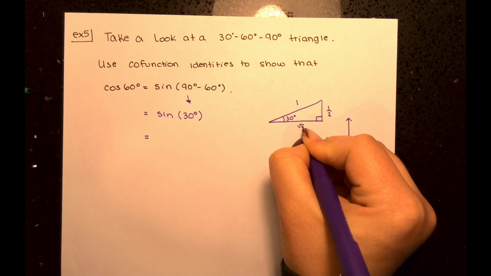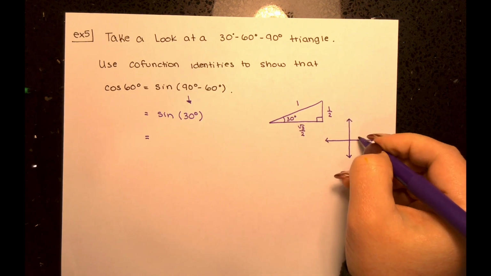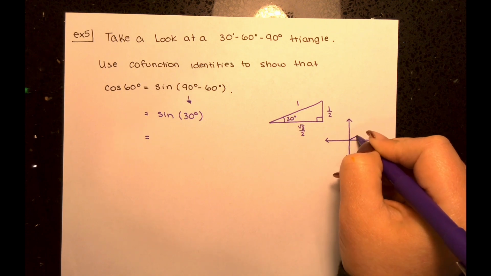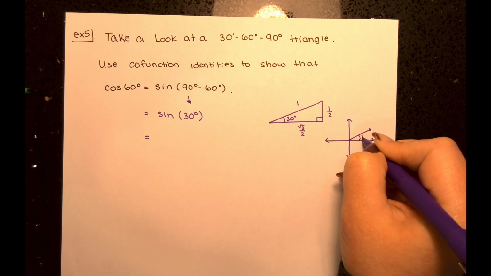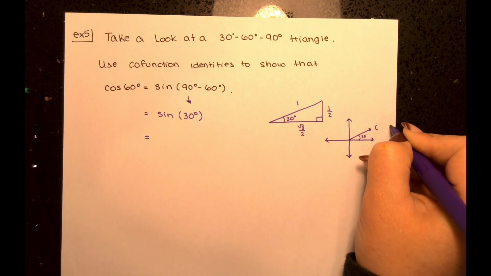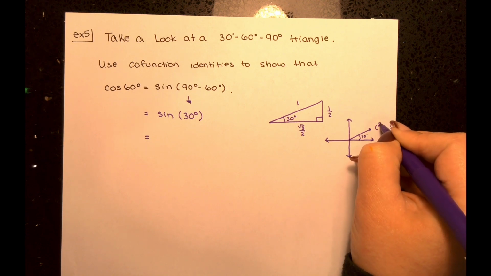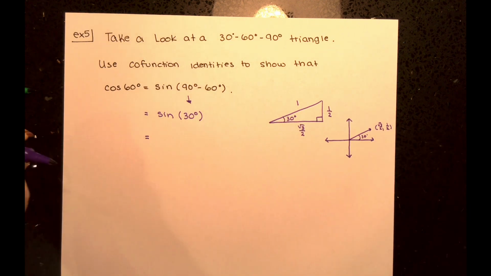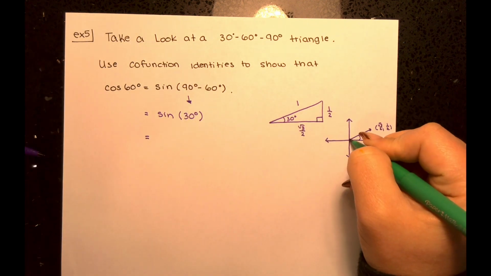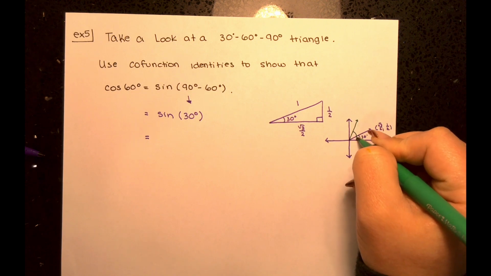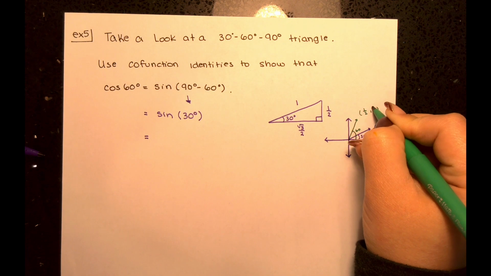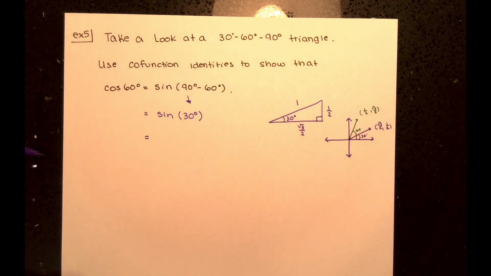Here is root 3 over 2. And if you're thinking about 30 degrees, here's 30 degrees, and our points are root 3 over 2 and 1/2. I'm writing that pretty small on purpose. And then we have our 60 degrees, and we have our points of 1/2, comma, root 3 over 2.